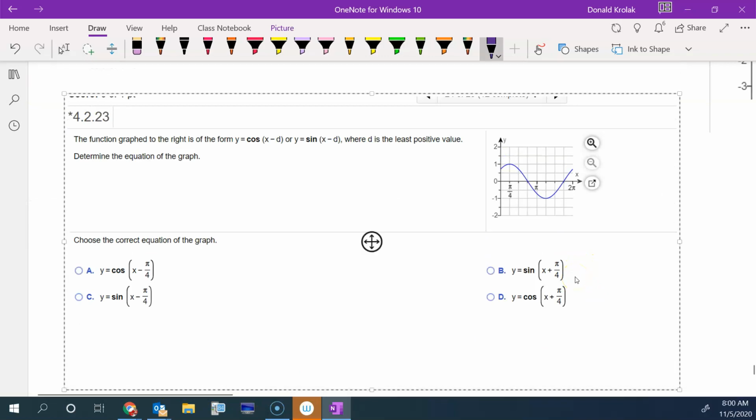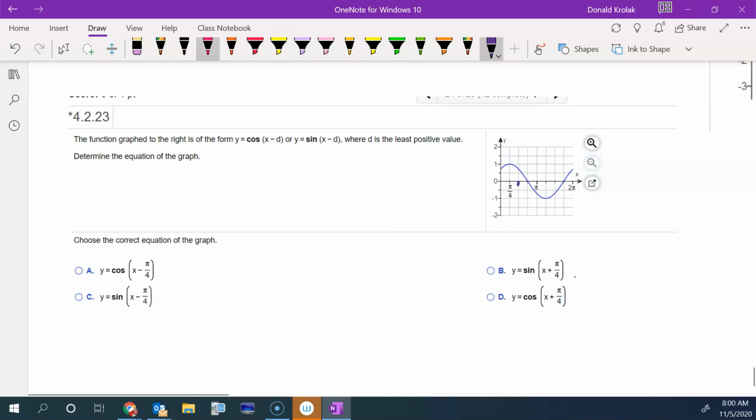Remember, if I was drawing a cosine, I'll do it in red. That's a regular cosine.